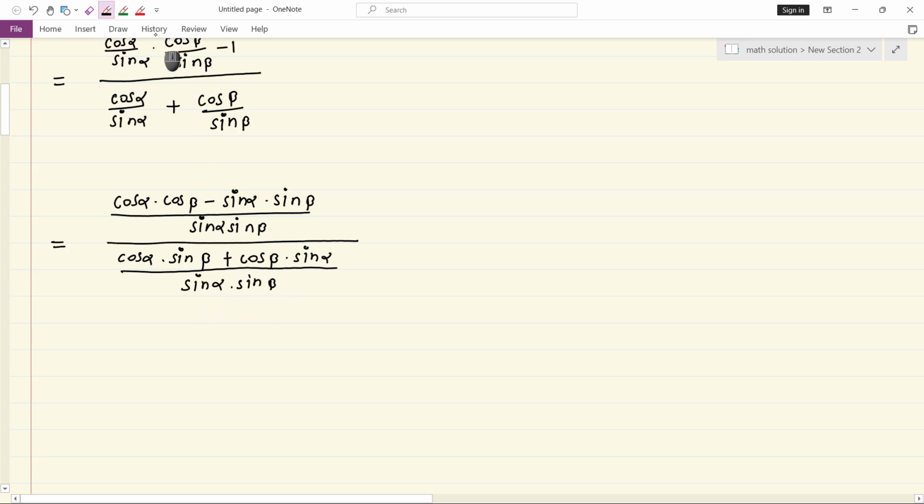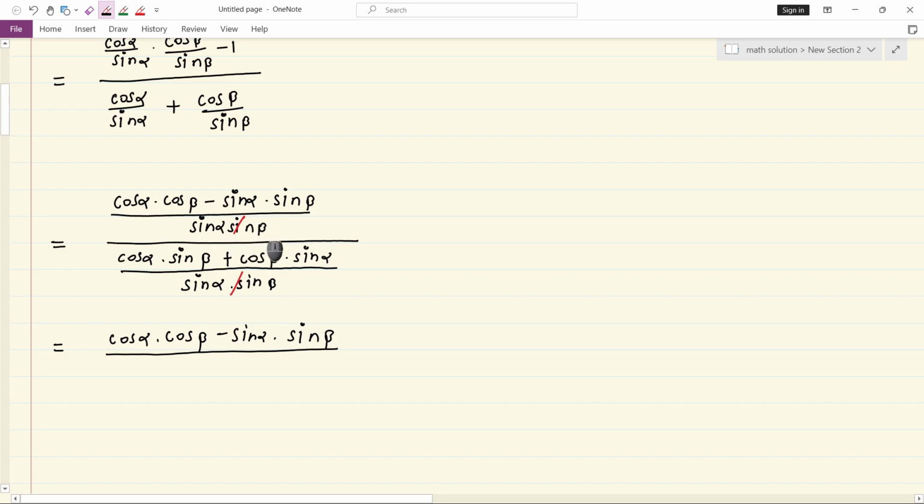Here both the denominators will be cancelled by reciprocal. I have done it in a short way, no need to expand it. So cos alpha cos beta minus sin alpha sin beta upon sin alpha sin beta, and sin alpha sin beta will be cancelled because of reciprocal.